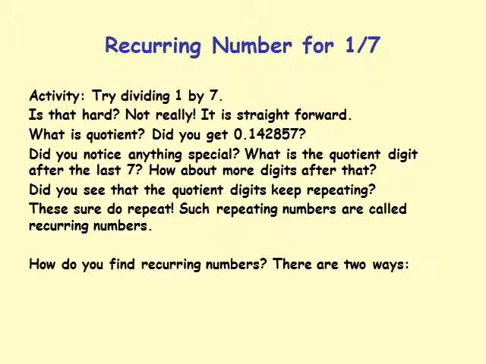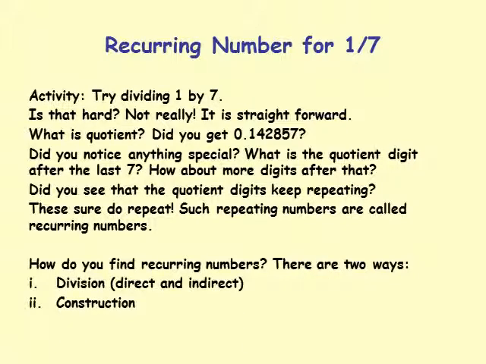Okay, let's continue here. How do you find recurring numbers? There are two ways, at least two ways I know of. First is division, direct and indirect. We just did direct division here. We did indirect division in the division methods, which was the Nikhilam method.